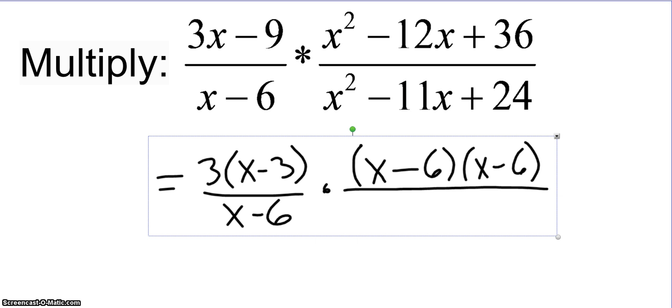This one, they're both negative as well. It is 8 and 3. So x minus 8, x minus 3.